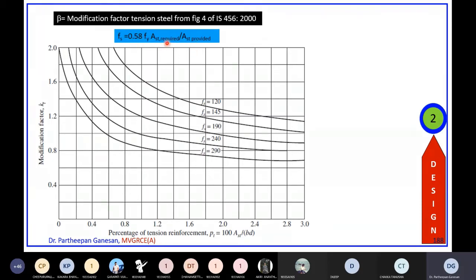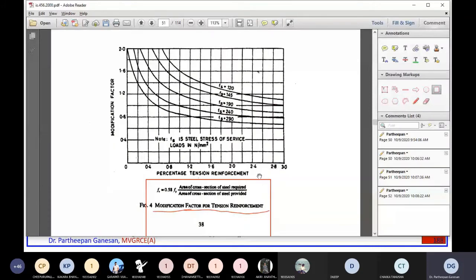This 0.58 is given in the code just below Figure 4. If you see here, this Fs value is given. Here is Fs. So you can find it from there.